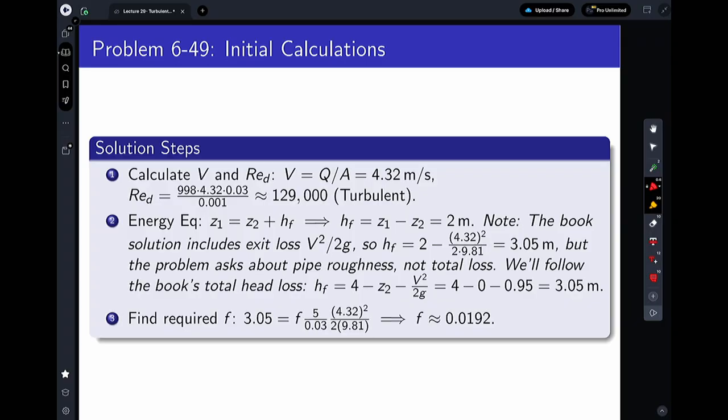Okay, well, a lot of explanation. So that actually is the correct answer. I don't know why I wrote all that. Okay, so you get 3.05 meters, and you find for a roughness of 0.0192 meters for friction factor.